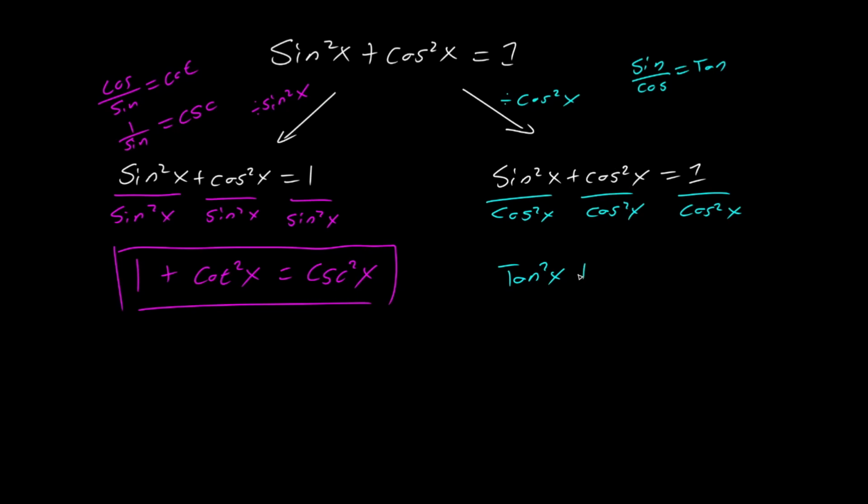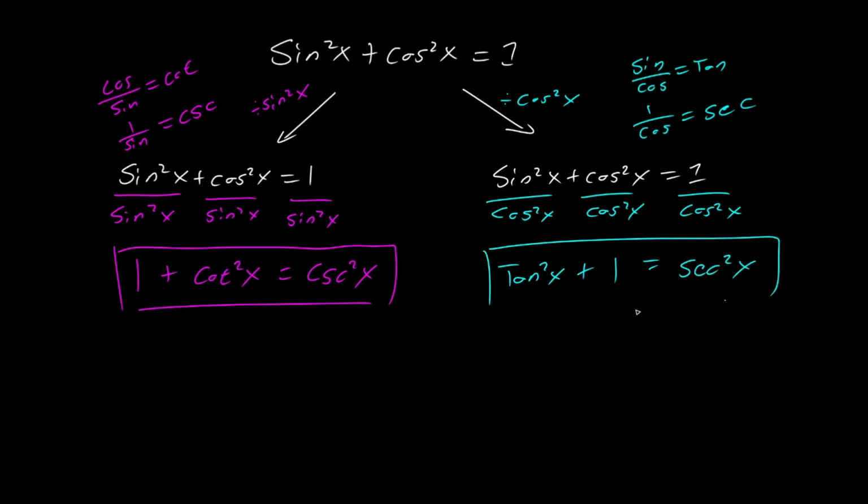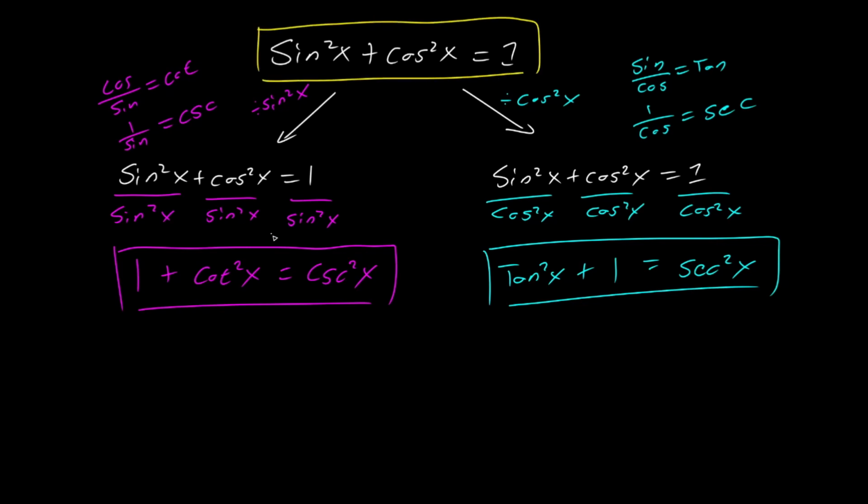Cosine squared of x divided by cosine squared of x, that's just 1. And 1 divided by cosine squared x, well, 1 over cosine is equal to the secant. So we get secant squared x. And these are your 3 Pythagorean identities, all proven.